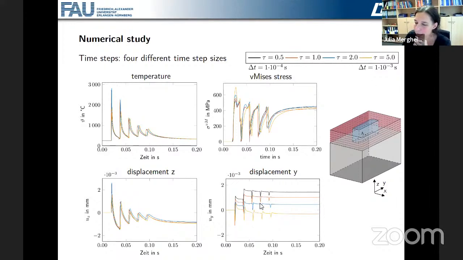And this difference in the scanning direction comes from the fact that the material which melts, where the highest temperature is, looks a bit different at the point in time where you scan.